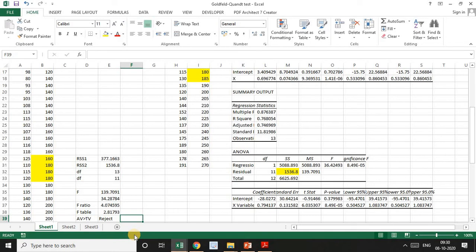Here also we reject the null hypothesis of homoscedasticity. That means there is a problem of heteroscedasticity.